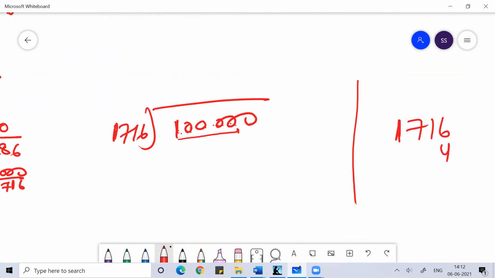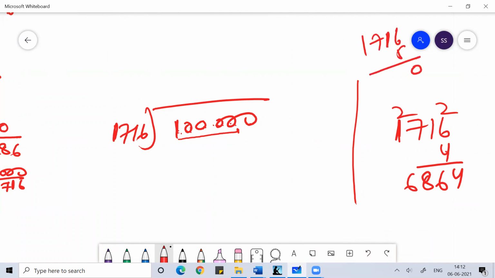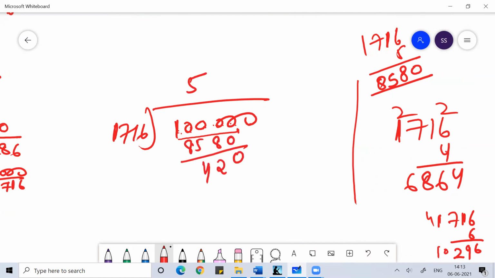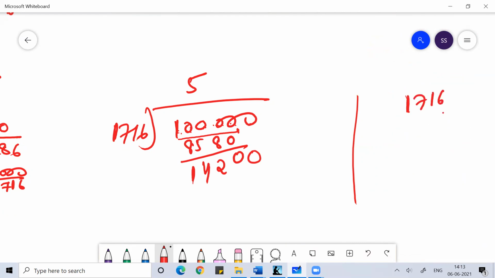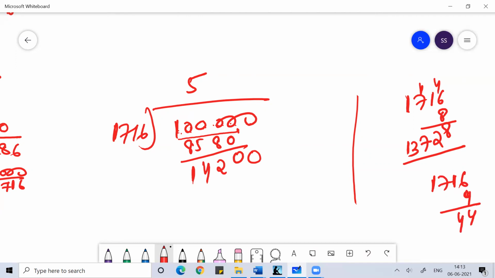Try 4s: 4 sixes are 24, 2 carry, and so on. 6, you are getting a bigger number. So this will go by 5, that is 85800. Subtracting, this is 14200. Then check 1716 again with 8: 8 sixes are 48, 4 carry, and so on. The next digit is 8, so 1716 times 8 gives 13728.